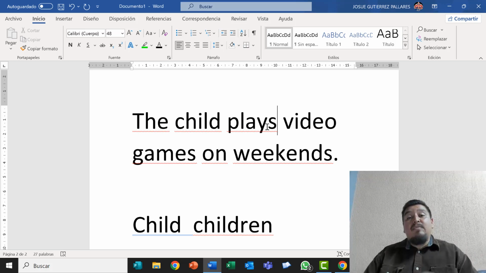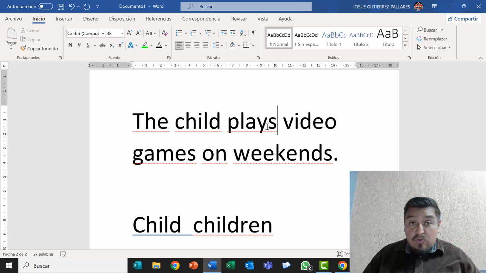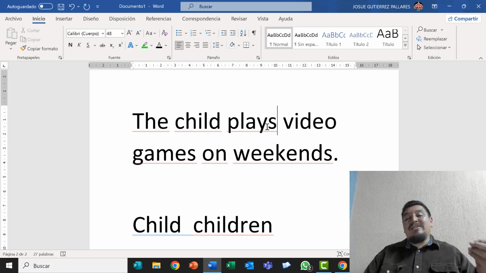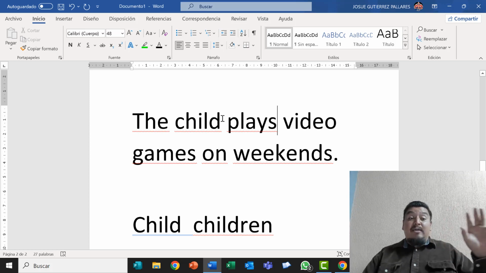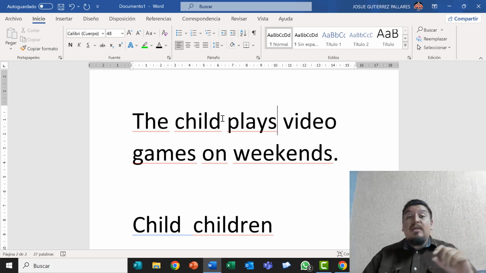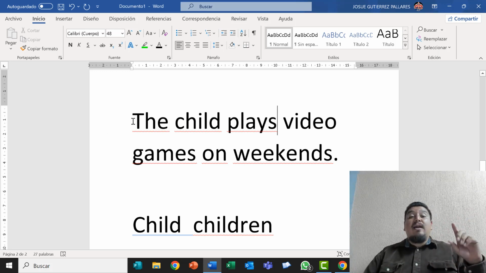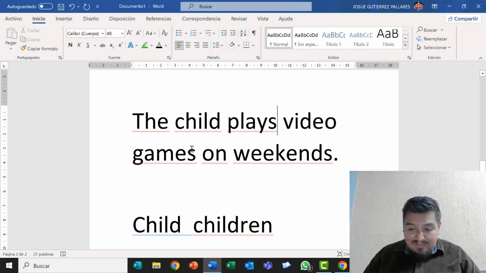So if your ending verb is not like the third rule or the second rule, so it's going to be always the first rule. Add an S if you are using the present simple, if you are giving an affirmative form, and you are using a third person. Singular third person. That's okay?